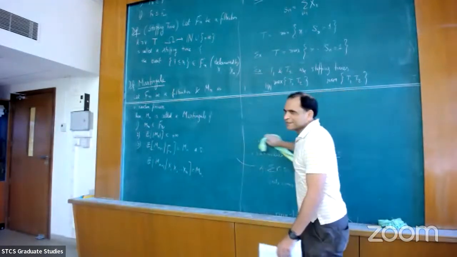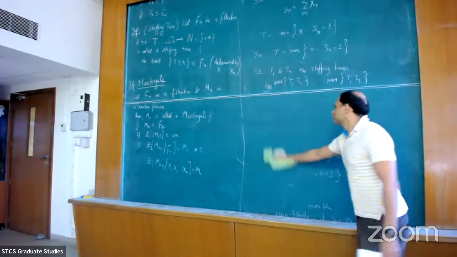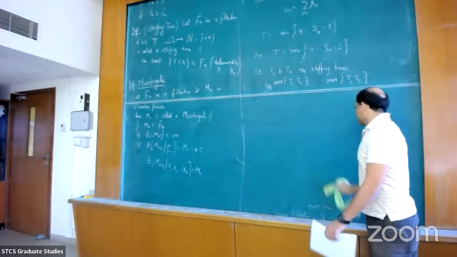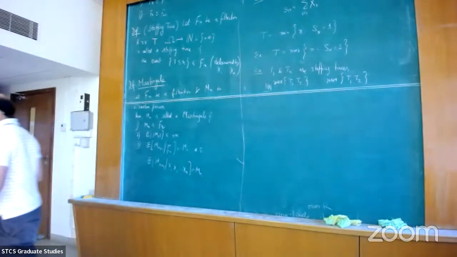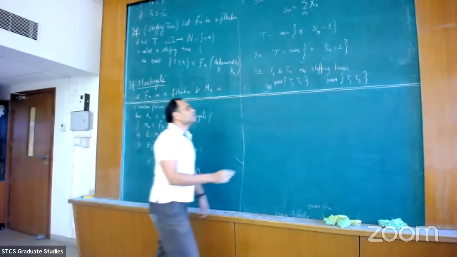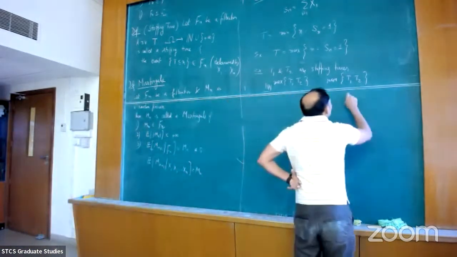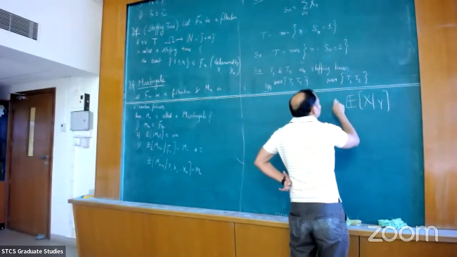You just follow the definition, and you should be able to do that. If you remember the property of the conditional expectation of X given Y, this is a random variable.